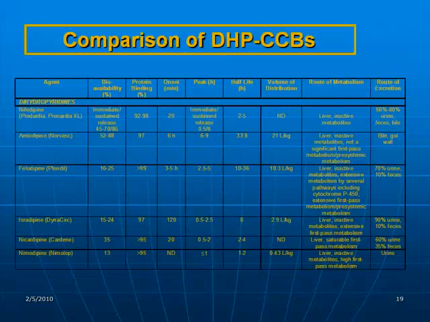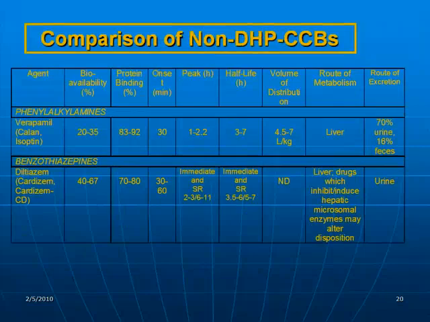The other is simply the only two non-dihydropyridines are diltiazem and verapamil, which are shown on slide 20. So again, I'm not going to read through this. You can read this as well as I can, but it gives you, I think, a nice resource in terms of if you get questions about the different calcium channel blockers that are available.